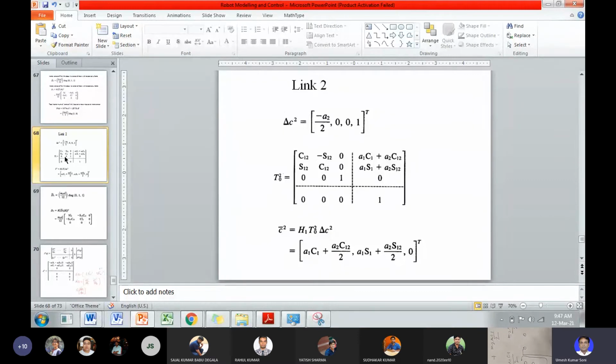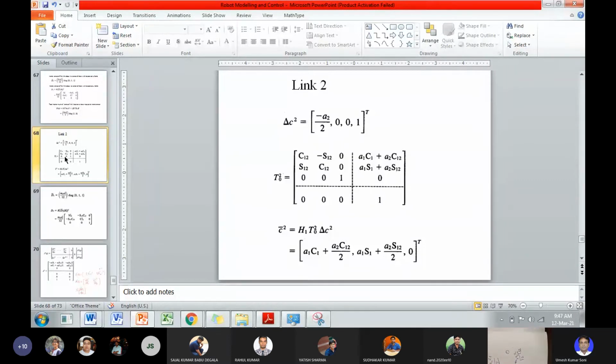Now 0 into C12, 0 into C12 and M2A2 square by 12 into S12, so this will be equal to minus m2 a2 square s12 upon 12. Now the second element will be m2 a2 square by 12 into c12.